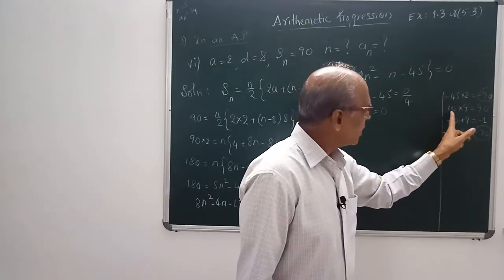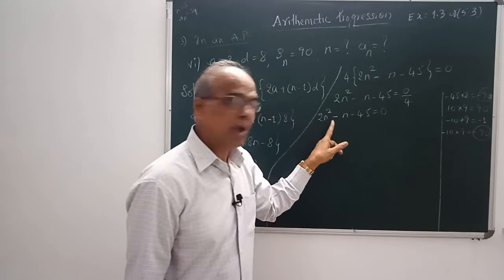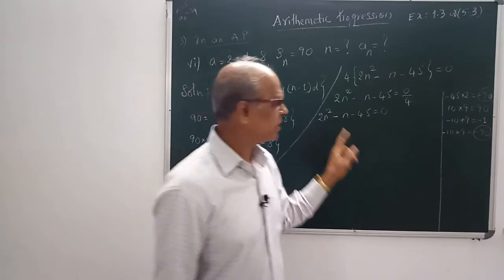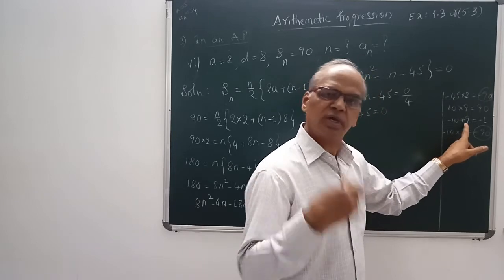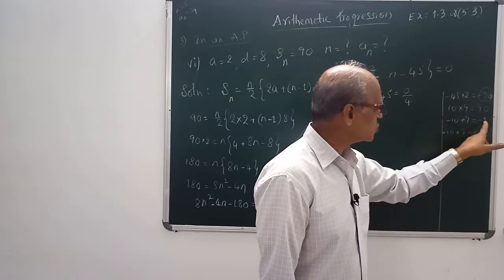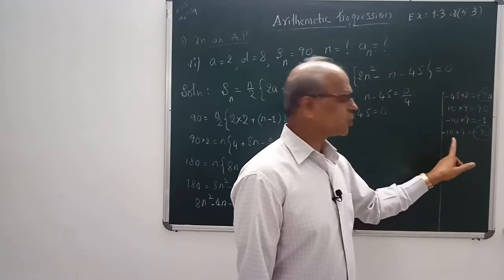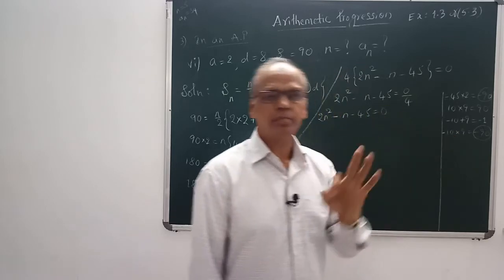That means 10 minus 9 is 1. But what we need here is minus 1. Therefore give minus sign to the greater number and plus sign to the smaller number. 10 minus 9 is 1, greater number is minus, so minus 1. Again you have to confirm this. Minus 10 into 9, this is the verification step, very important.